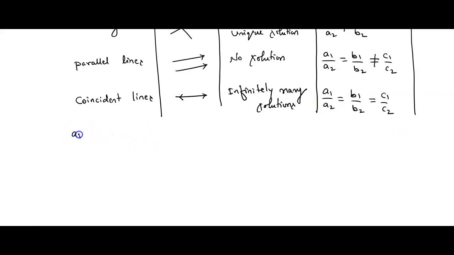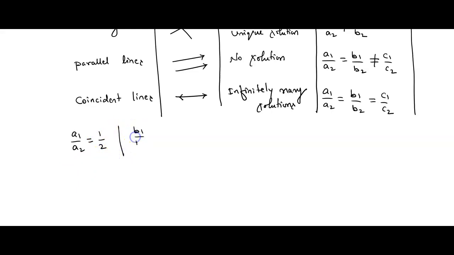So shall we check A1 by A2? Since they are saying coincident lines, definitely A1 by A2, B1 by B2 and C1 by C2 will all be equal. A1 by A2: A1 is 1 and A2 is 2, so 1 by 2.